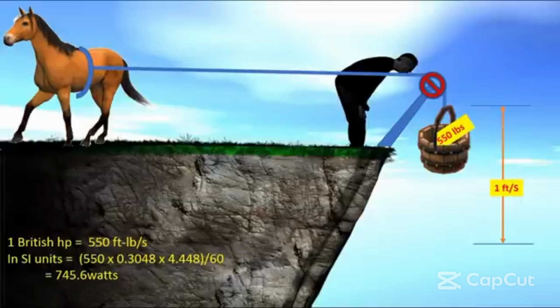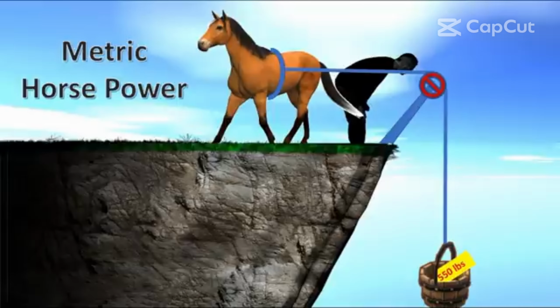The second is the same. As in the picture animation you can see, instead of 550 pounds, they decided 75 kilograms to lift for 1 meter vertical distance in 1 second. That is very important. That is called metric horsepower.